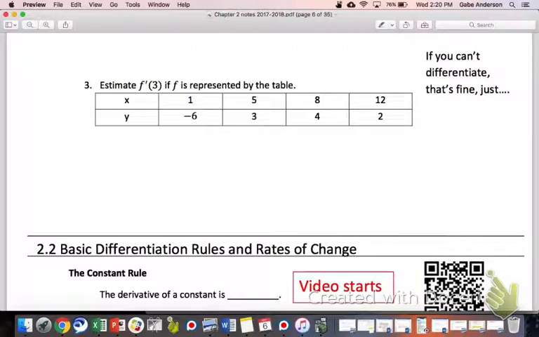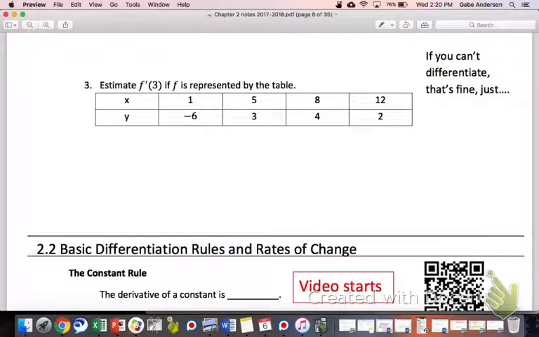What about the "of 3" part? Where we're finding it, right? So f prime of 3 is the value of the derivative at 3. You could say the slope of the tangent line at 3, or the instantaneous rate of change at 3.